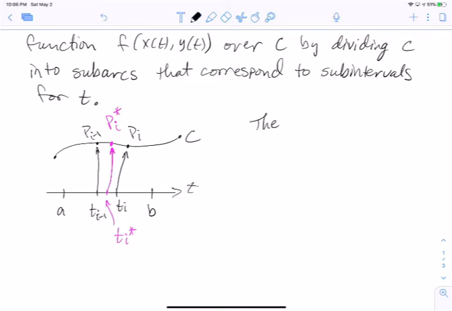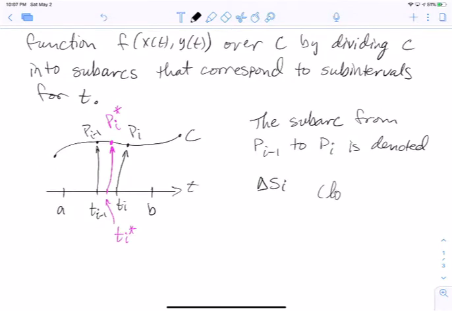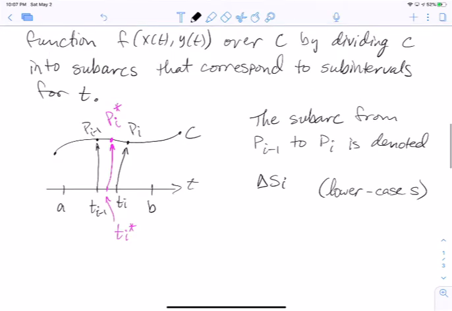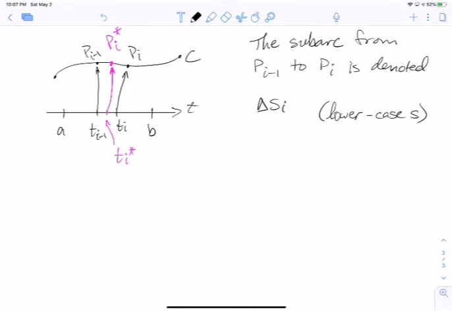Now the subarc from P sub i minus 1 to P sub i is denoted delta s sub i, and I'd like to point out this is a lowercase s. That will matter as we move through the chapter, not necessarily this section. Now for the line integral of C as t goes from a to b, in order to compute that, we form a sum.